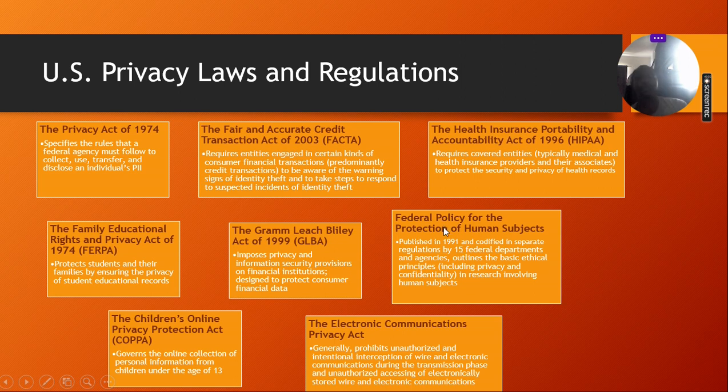Now, another U.S. privacy law and regulation is the federal policies for the protection of human subjects. Published in 1991 and codified in separate regulations by 15 federal departments and agencies, they outline the basic ethical principles, especially privacy and confidentiality, in research involving human subjects. Okay, so you can see the U.S. has so many privacy laws and regulations.